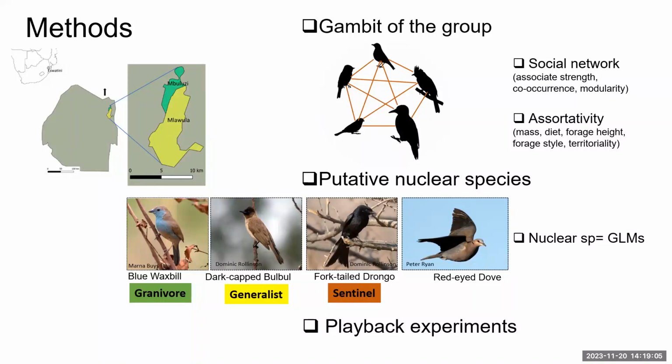We calculated association indices for these traits: mass, diet, and foraging height. And to understand the impact of the nuclear species, we used generalized linear models.